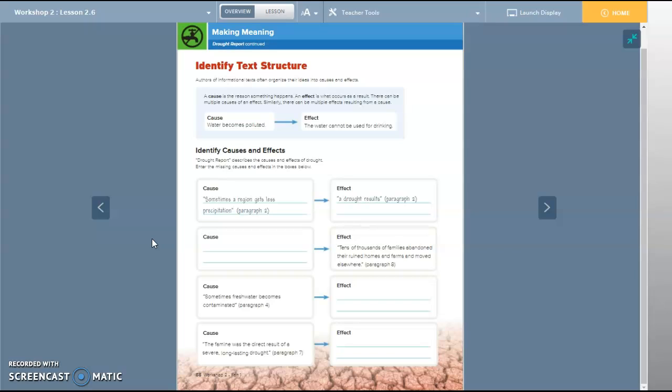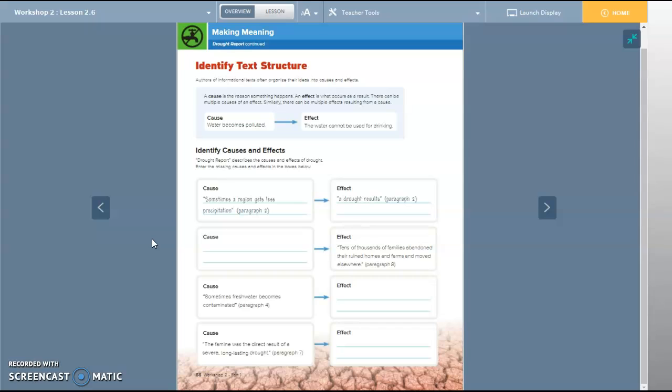So you're going to turn back to page 86, paragraph 8. Refugees without enough water, people may be forced to leave their homes. You're going to find the cause of why thousands of families abandoned their ruined homes.